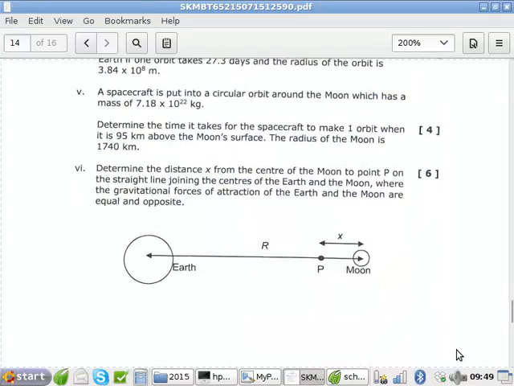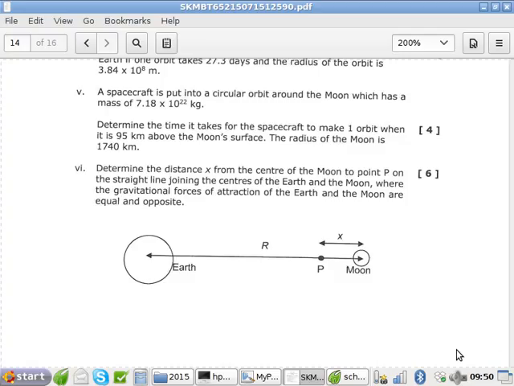Right. The last one is determine the distance from the center of the moon. So they want you to find where P is, so that the force from the Earth and the force from the moon are balanced.